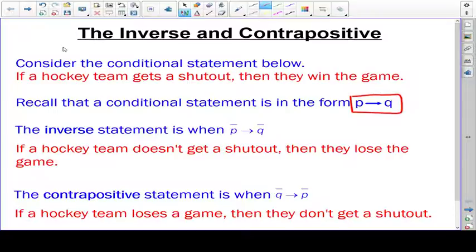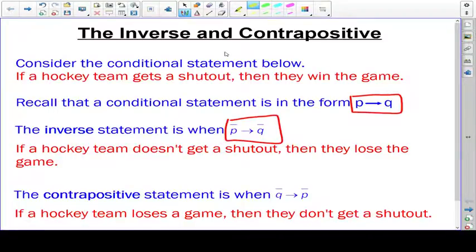What I'm going to define for you, though, is what the inverse is. The inverse statement is P bar implies Q bar, or this could also be read not P implies not Q. In other words, the opposite of P implies the opposite of Q. So let's take a look at the original conditional statement.